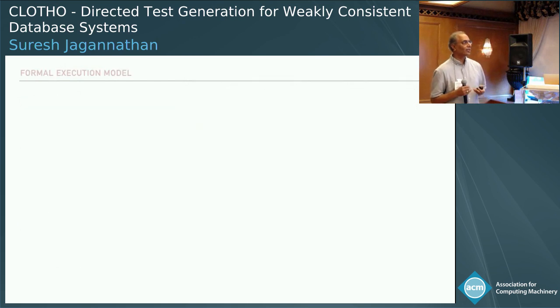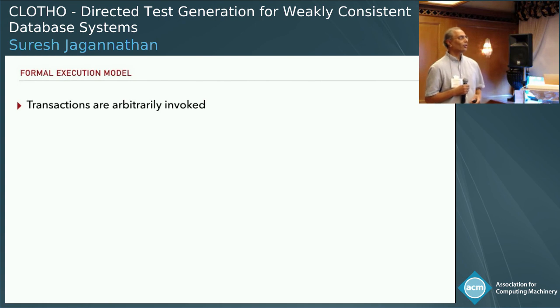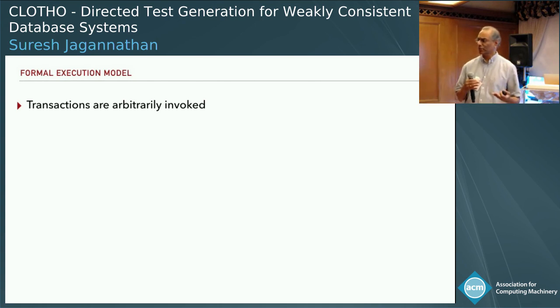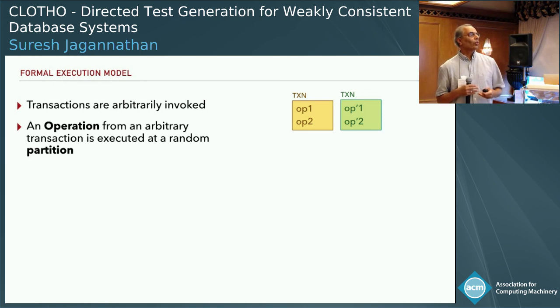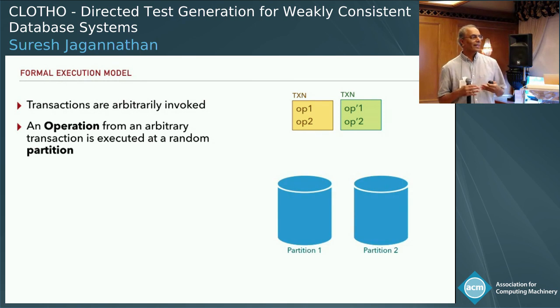So let me go into a little bit more detail about what the execution model actually is. So we're going to allow transactions to be arbitrarily invoked. So our semantic model is that we're not going to impose any particular restrictions on how transactions can execute, right? The operations in transactions can conceptually be executed on any partition in the system.